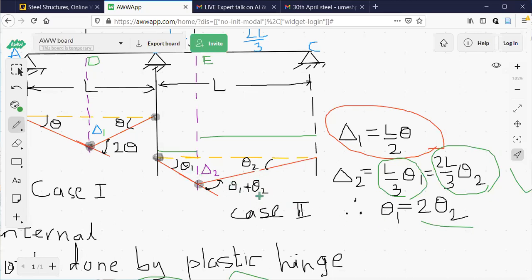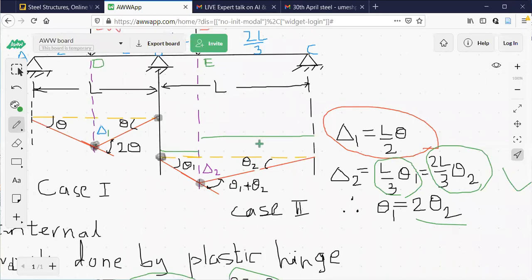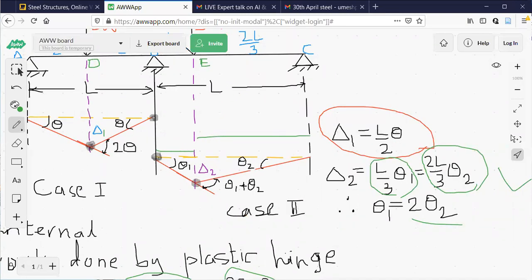What can I write here? 2 theta 2 plus theta 2, 3 theta 2. Are you all following? This is 3 theta 2, this is theta 2 as it is. So 2 theta 2, 3 theta 2 and theta 2. Now all are with a single angle, no question of theta 1 and theta 2.